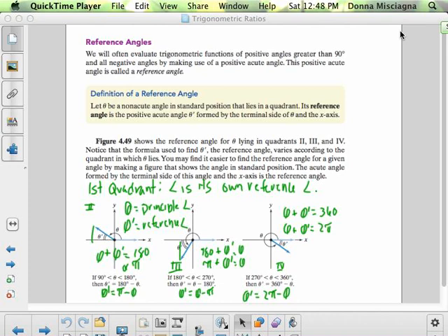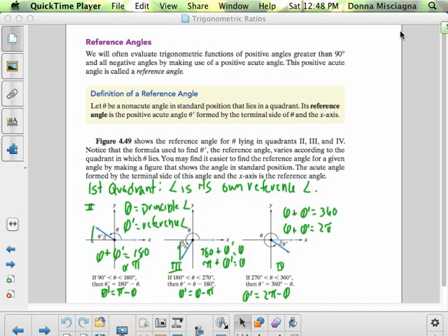So here below I have three diagrams showing you how to find the reference angle for theta lying in quadrants 2, 3, and 4. Notice that the formula used to find the reference angle varies according to the quadrant in which theta lies.